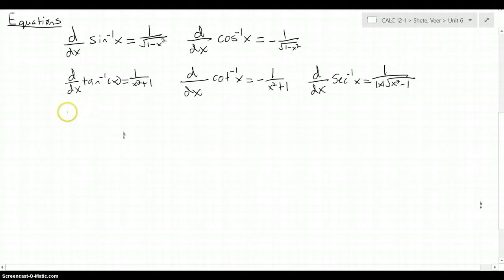Only one more left here for our derivatives. And finally, our derivative for cosecant, or inverse cosecant, or arc cosecant, is equal to negative 1 all over the absolute value of x times root x squared minus 1.